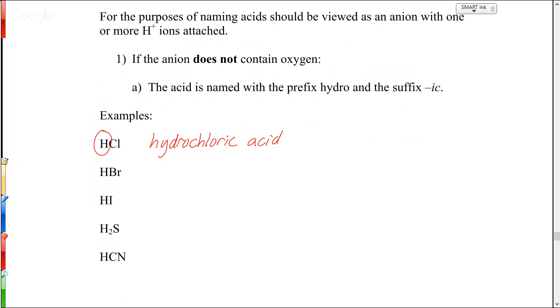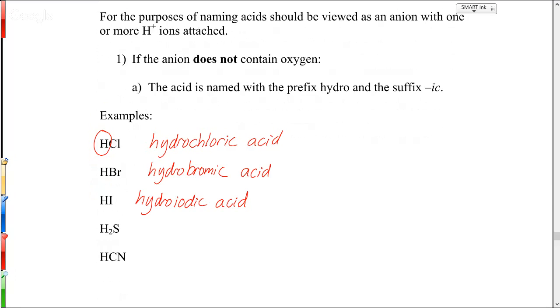So using that same type of naming scheme, what would HBr be? Yeah, hydrobromic acid. And what about HI? Close, yeah. We're hydroiodic acid.